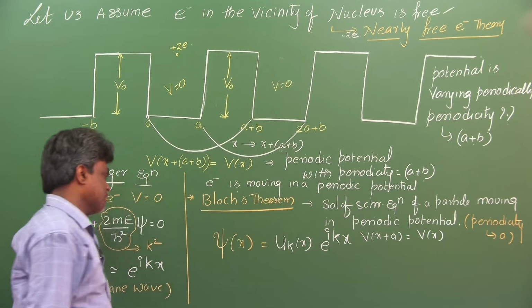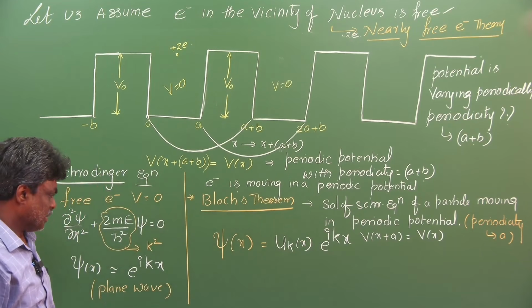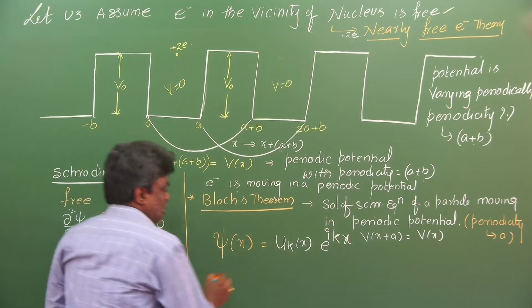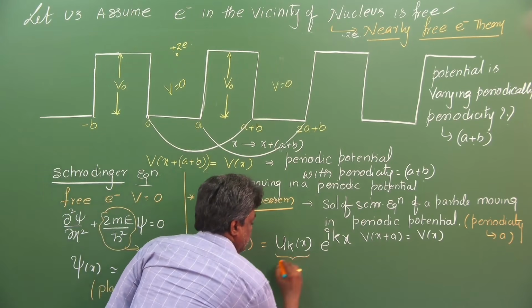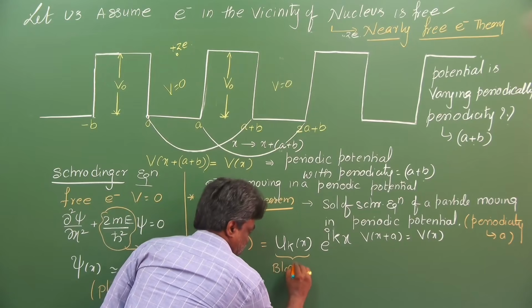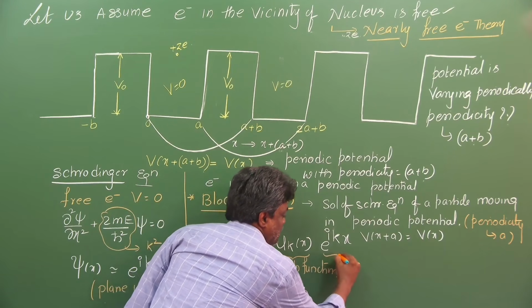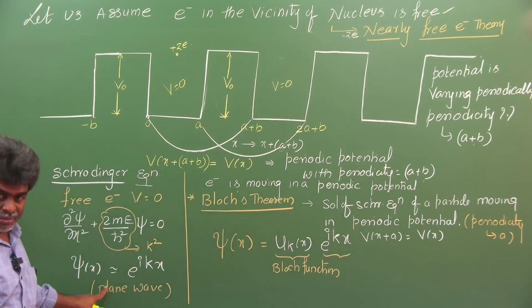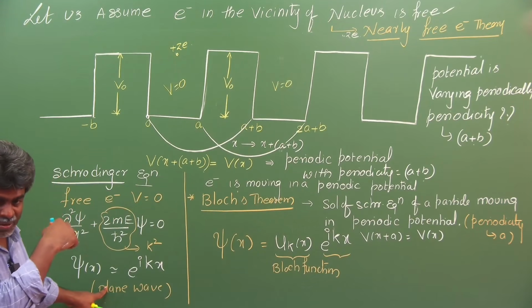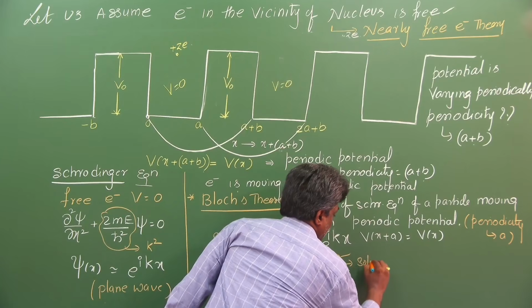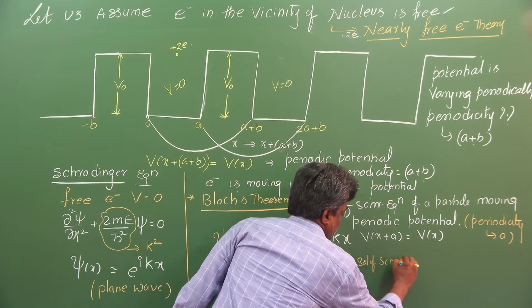So what is this? This is called Bloch function. Wait. What is this? Solution. Earlier free particle solution, something solution. This is the solution of Schrodinger equation.